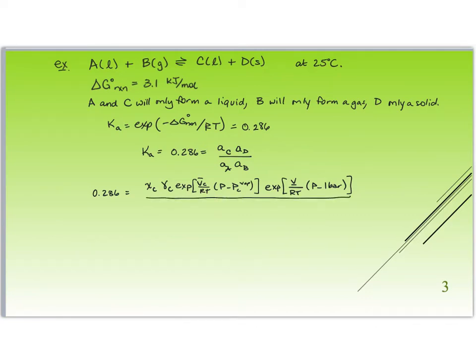In the denominator, I have species A, which is also a liquid. So x of A over gamma A, times an exponential. And finally I have B, which is my gas, and that's going to be y for B times the pressure times the fugacity coefficient for species B in the mixture.